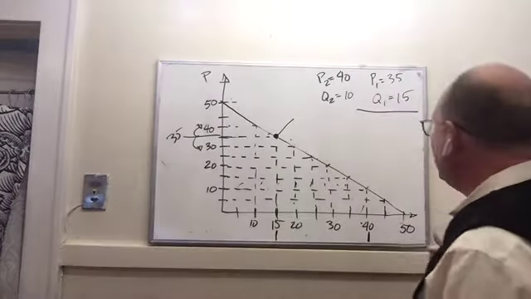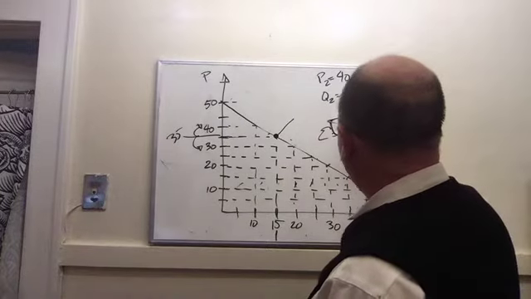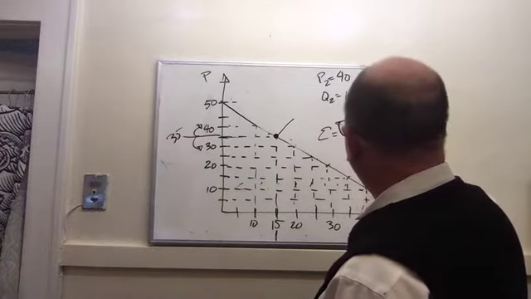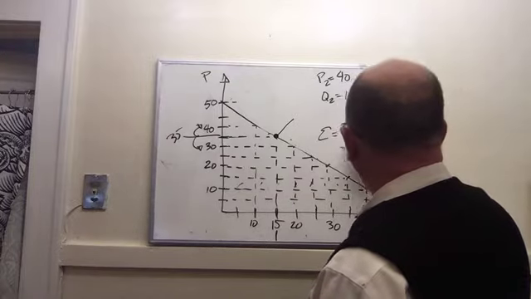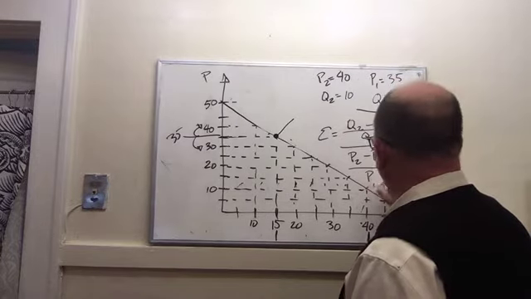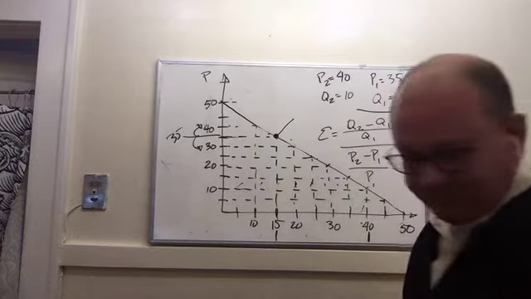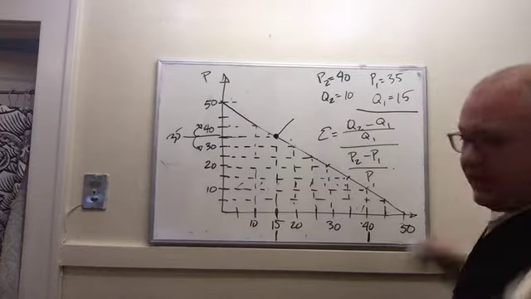And so then we can put this into our percent change formula. So elasticity is Q2 minus Q1 over Q1 times 100, all of that over P2 minus P1 over P1 times 100. Some of you may have figured out here that that 100 cancels.